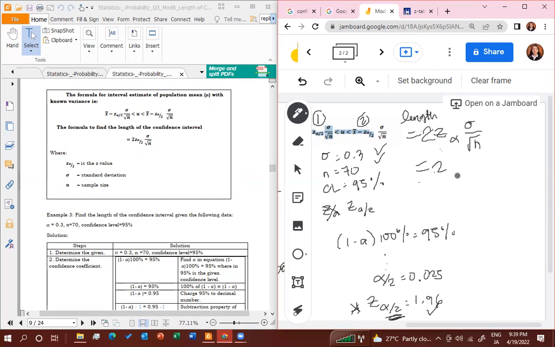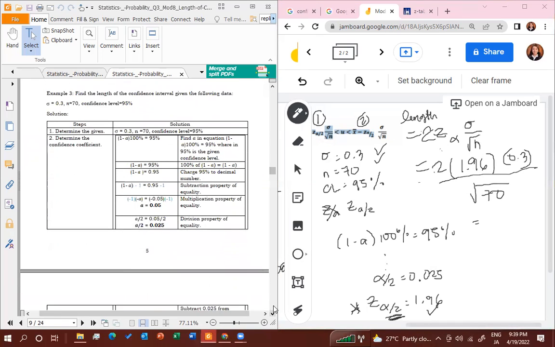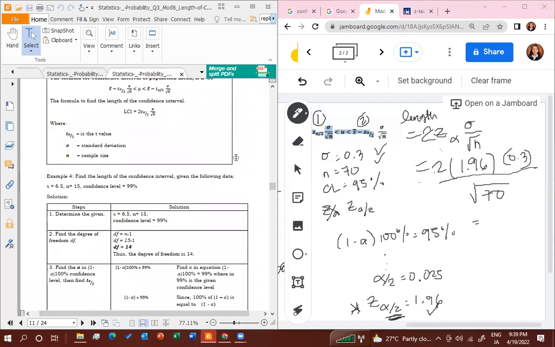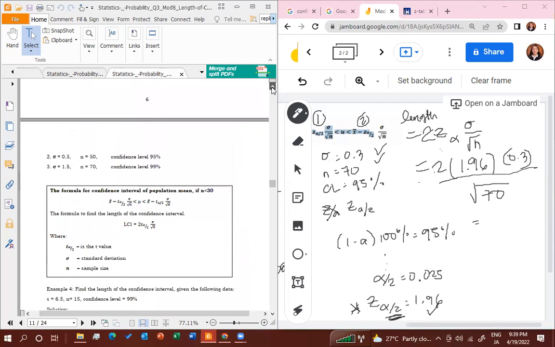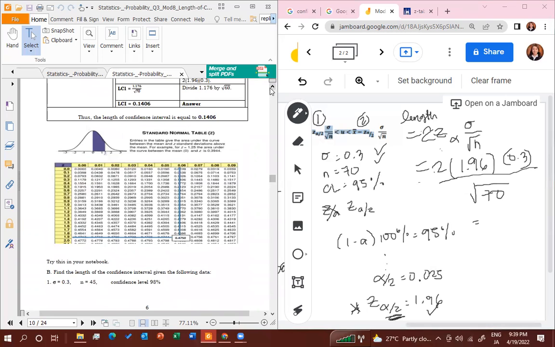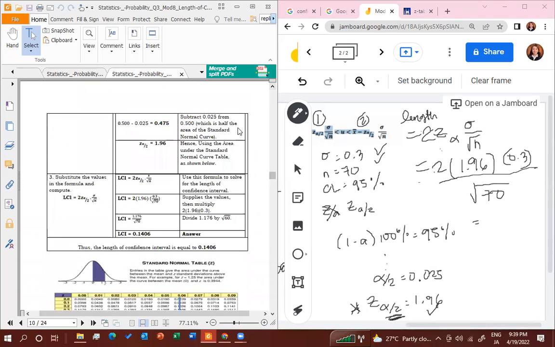So this would be 1.96 multiplied by 0.3 over the square root of 70. This, kung ato ni siya compute, would be equal to 0.1406. So atong ito na conclude na to, the length.